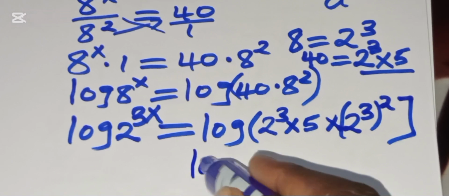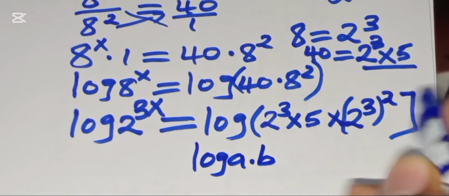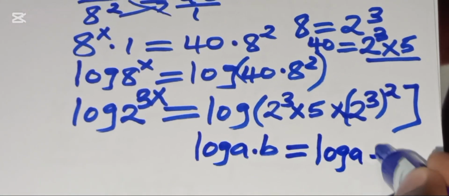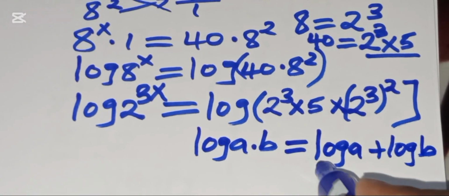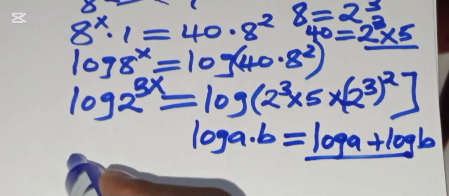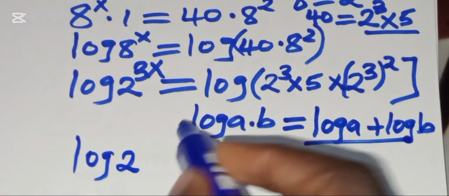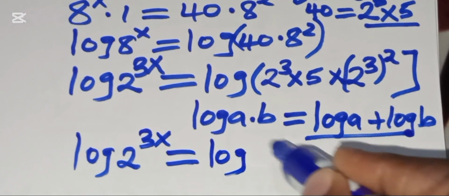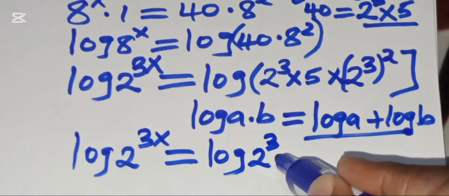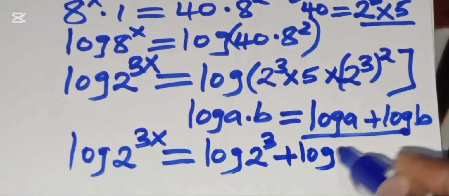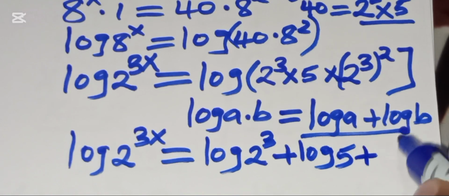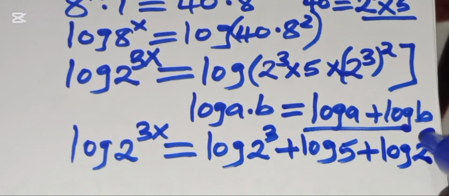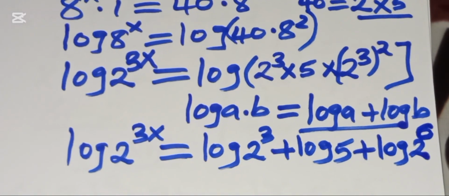This is in the form of log a multiplied by b, which we can express as log a plus log b. Applying this property, we have log 2 raised to power 3x equal to log 2 raised to power 3 plus log 5 plus log 2 raised to power 3 times 2, which is 6.